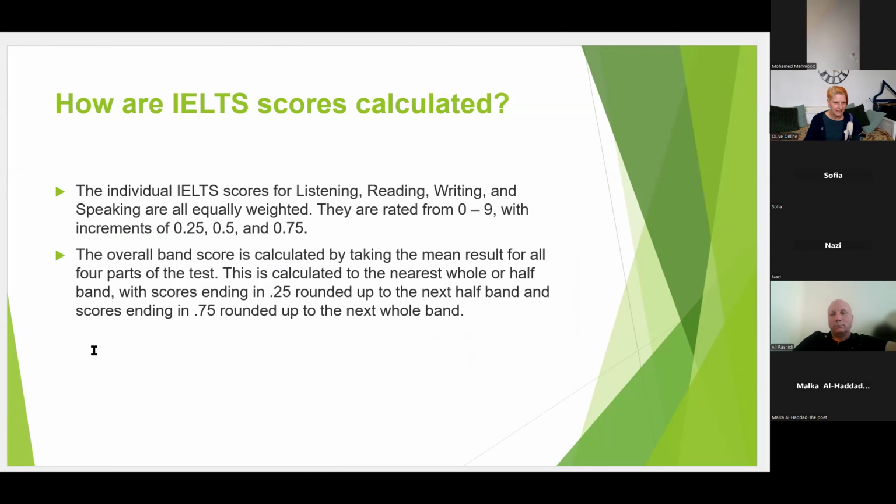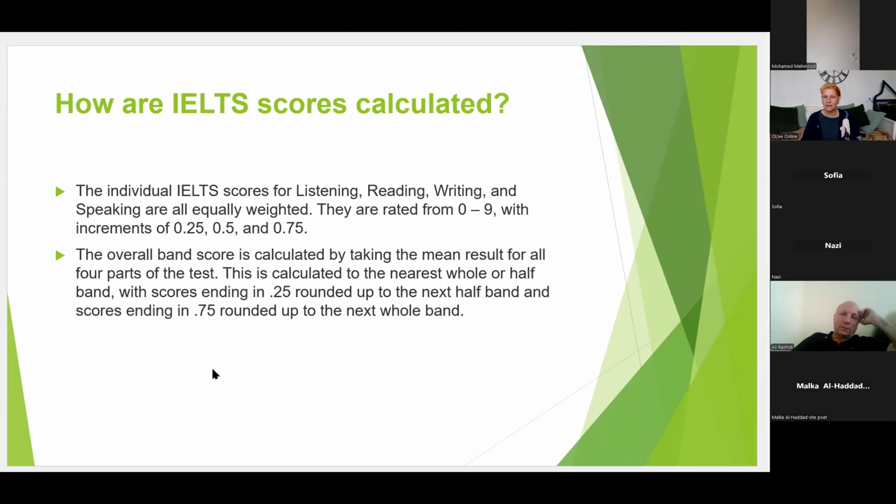Stay with me. So how are the scores calculated? You get an individual score for each exam, and these are averaged together, and that gives your final band level. Some universities will require all of the individual exams to be at a certain level with an overall score at the end as well.